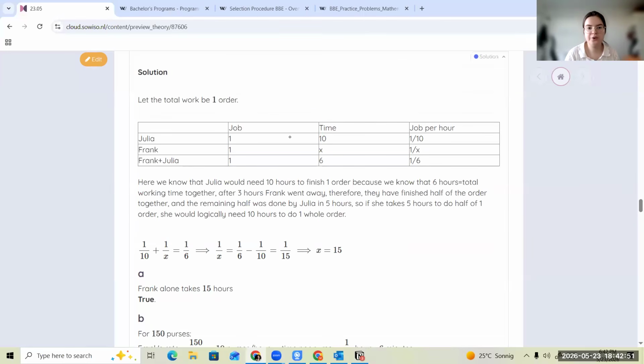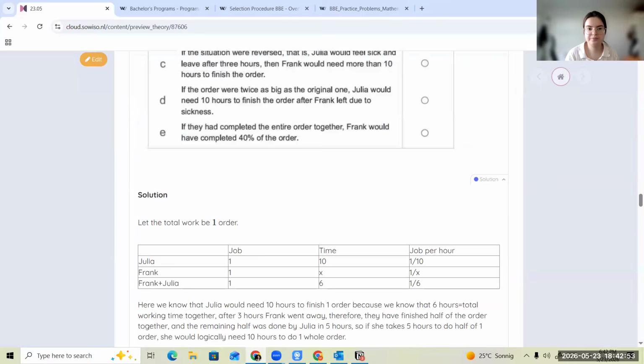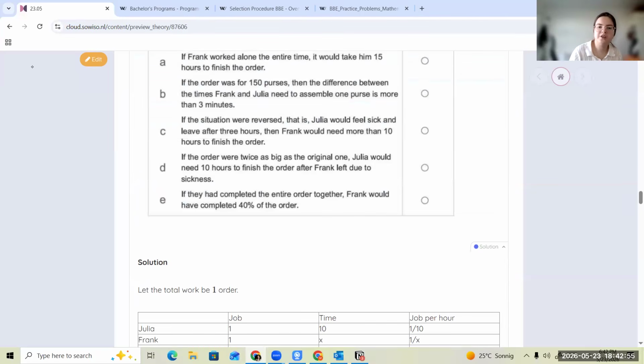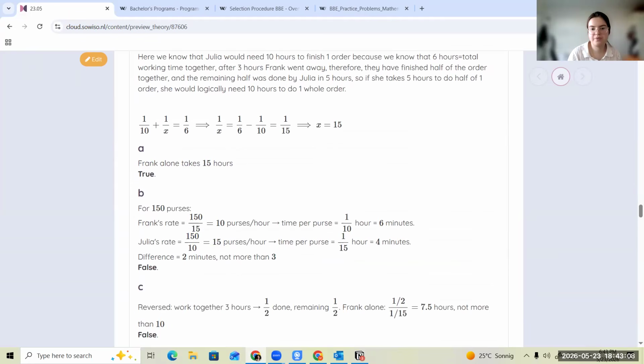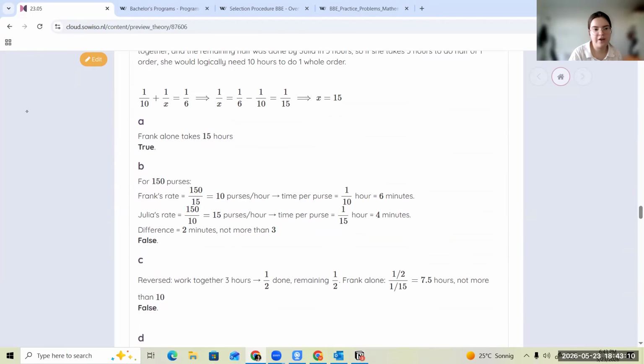And then for statement B, if the order was 150 purses, then the difference between the times Frank and Julia need to assemble one purse is more than 3 minutes. So we're just comparing how fast Julia and how fast Frank assemble the purses. You have 150 times the productivity of Frank, and 150 times the productivity of Julia, 1/10.